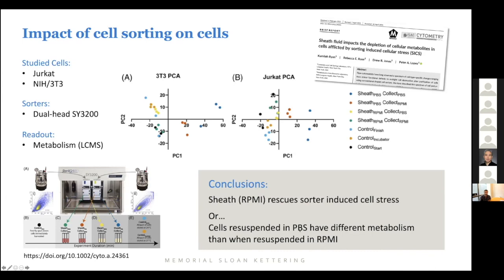And this we also know, even if anecdotally, that every time you resuspend cells in a different media than their physiological environment, it's always going to have an impact. So if you're comparing something resuspended in RPMI, which is much better for the cells and what we do to keep them happy and alive, versus PBS, you may see differences in metabolism.